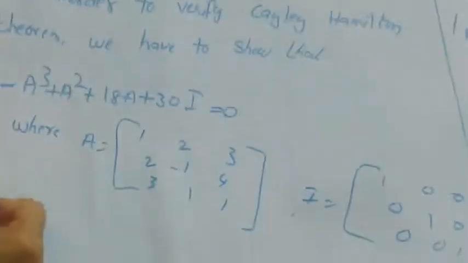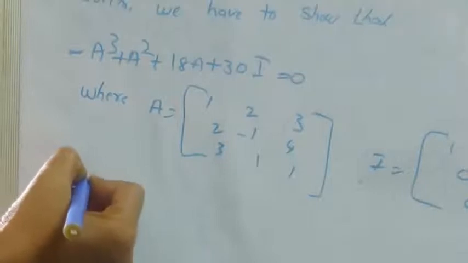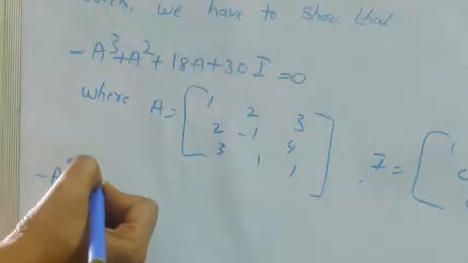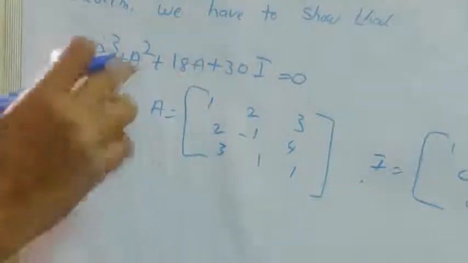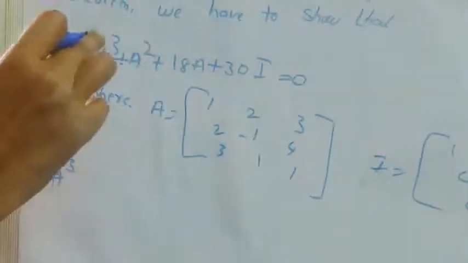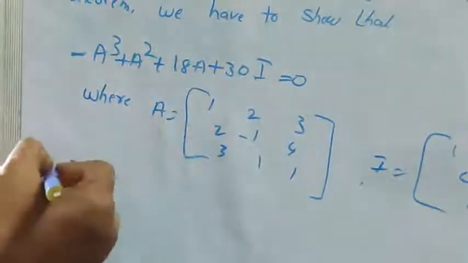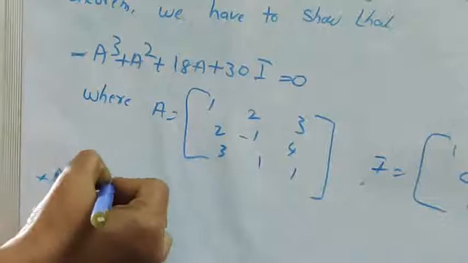Now write down like this: A cube. First solve A square. If you multiply A square into A, you will get the A cube term. So let us consider A square.